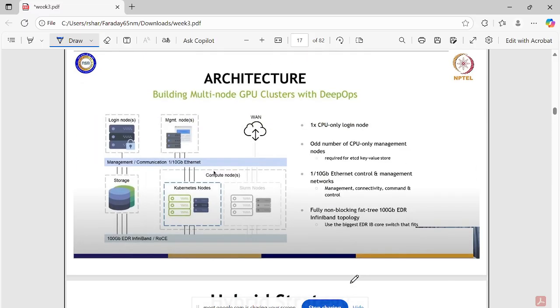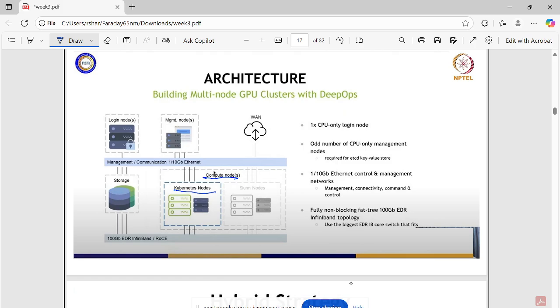Going to the architecture, we have the Kubernetes node, and these Kubernetes nodes are part of the compute nodes.